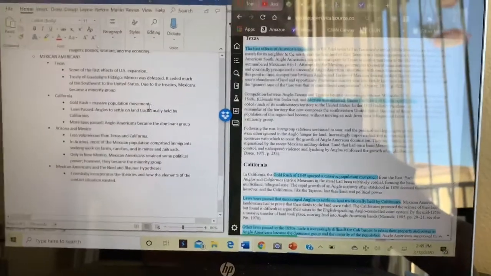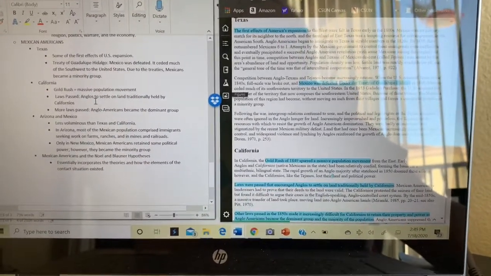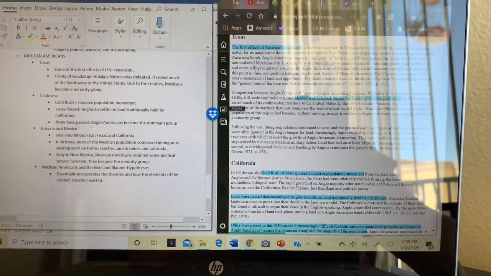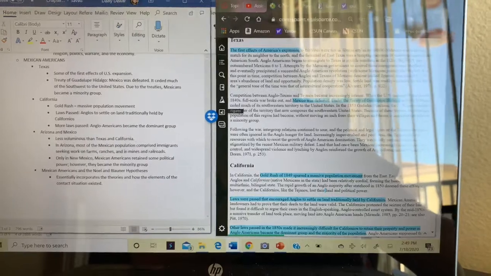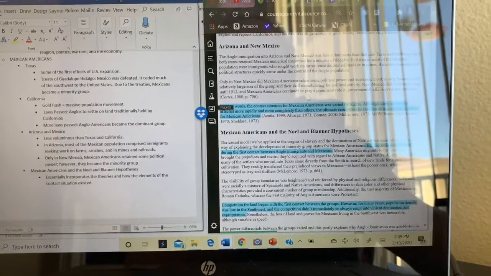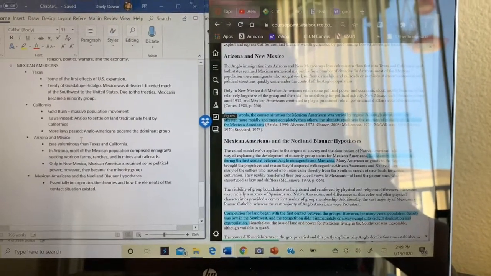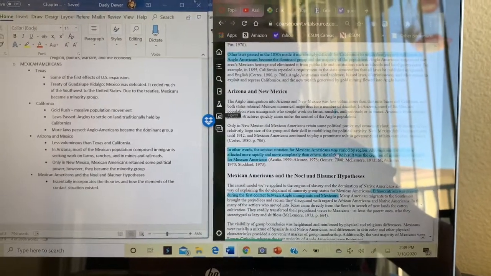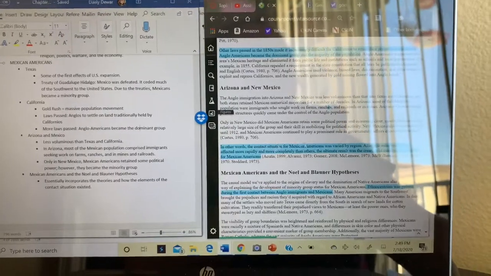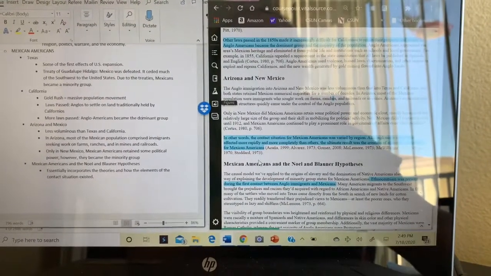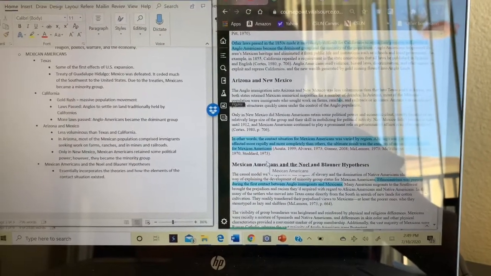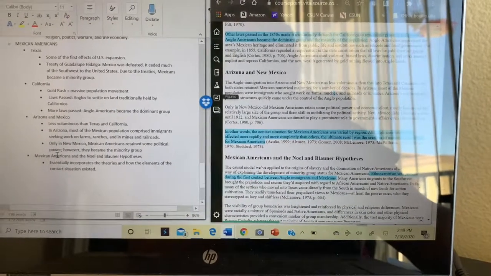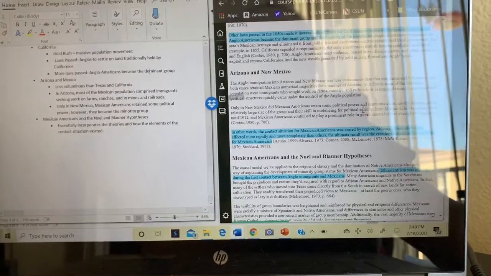California, gold rush, laws were passed, and even more laws were passed, and then that's how the Anglo-Americans became the dominant group. Finally, Arizona and Mexico, in other words, the contact situation for Mexican Americans varied by region. So some areas were more rapidly affected than others, and like the other states, the result was the minority group for Mexican Americans was created.